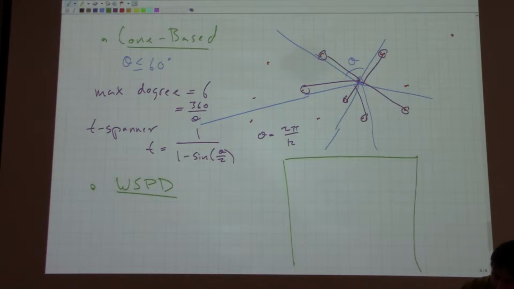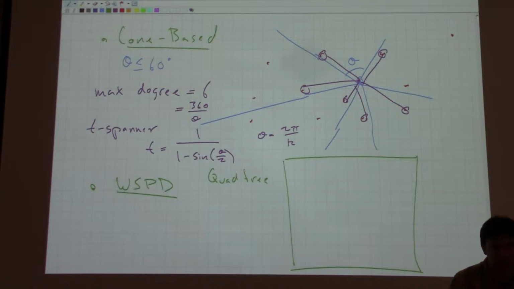If you go back to the range, or the nearest neighbor part of class, we talked about these data structures for high-dimensional nearest neighbors. One of the things we talked about was this quad tree.